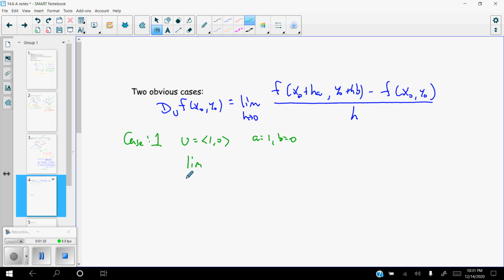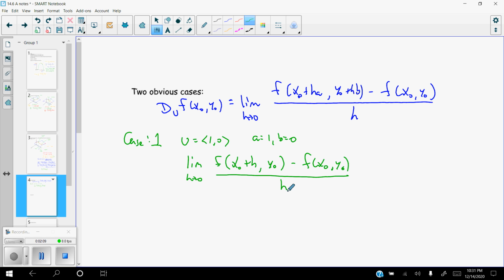We would take the limit as h approaches 0 of f of x naught plus h times 1, h times a. a is 1, so that's plus h, comma, y naught plus h times b. But b here is 0, so that's really plus nothing. Minus f of x naught, y naught, all over h.